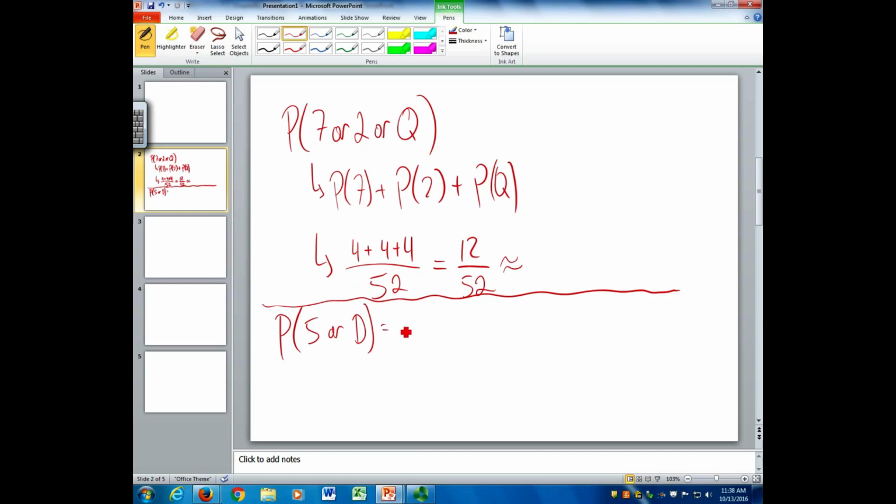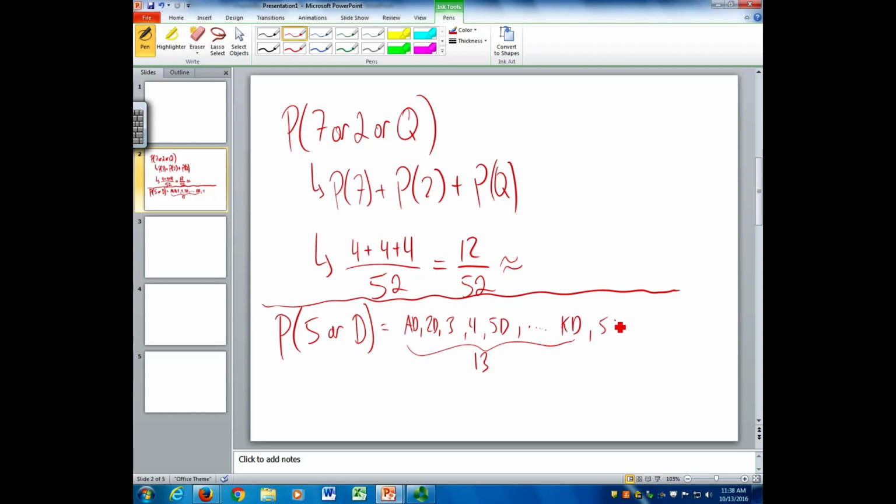So what you have to think about here is you have all the diamonds, so your ace of diamonds, your 2 of diamonds, 3, 4, your 5 of diamonds, and then the rest of the diamonds up to the king of diamonds, right? So that's 13 cards. But then we also have to tack on, but there's only 3 other 5s left, right?